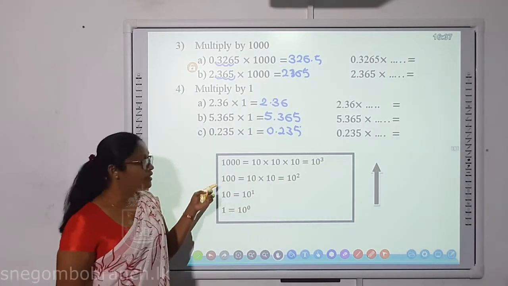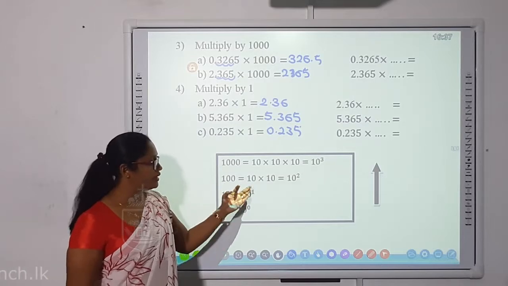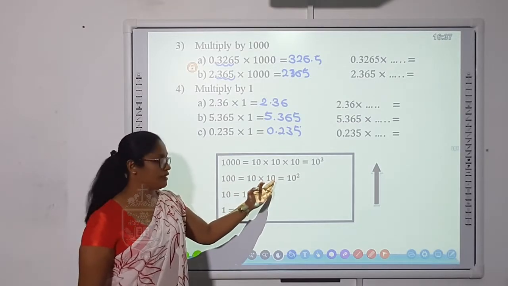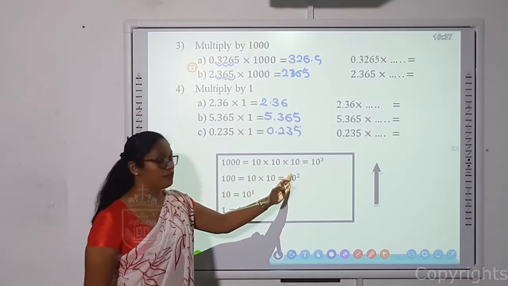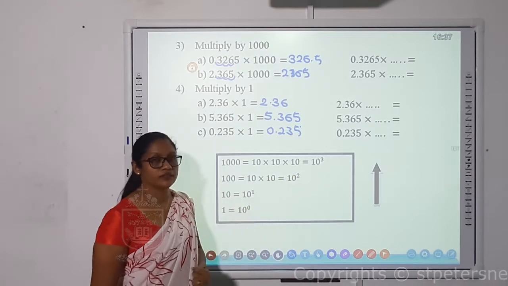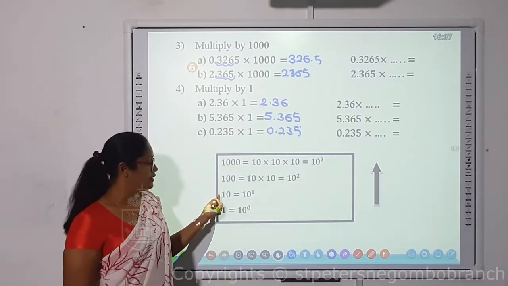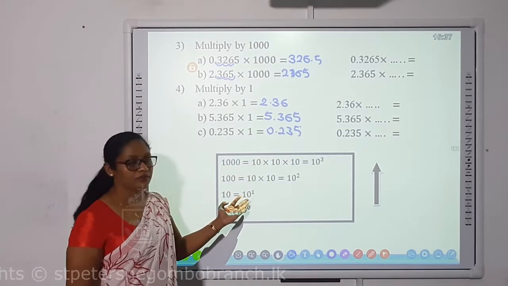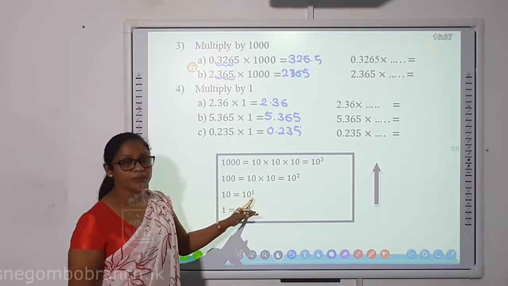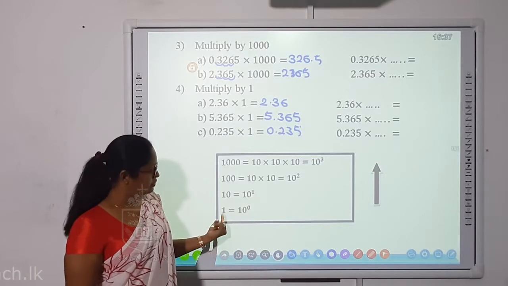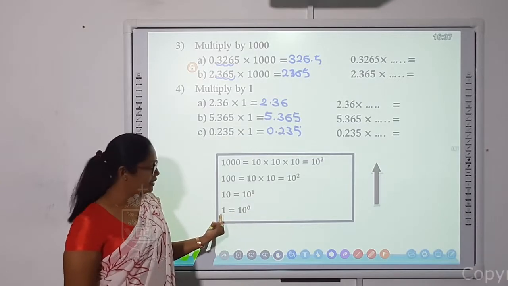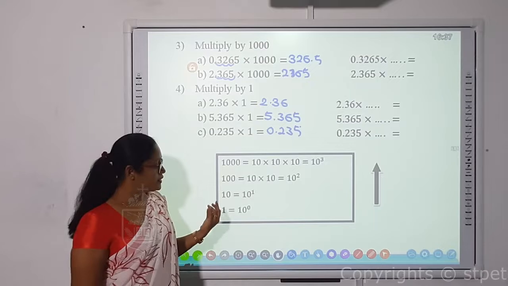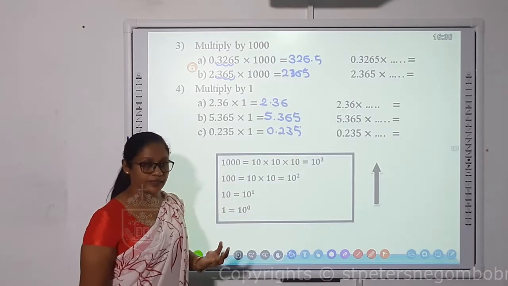And the second one, 100, is also a multiple of 10. 10 times 10 is 100. Using the theory of indices, we can write that as 10 to the power 2. And 10 is also a multiple of 10, so only one 10 you can see. Therefore, we write the power 1. And 1, we know that the zero power of any base is 1.